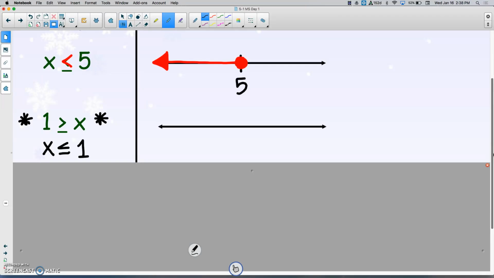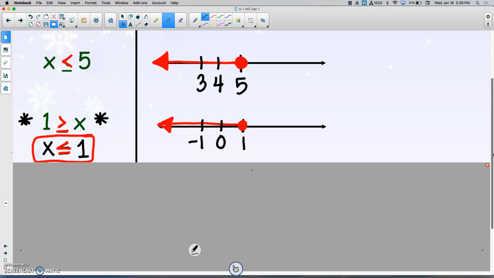So if this greater than or equal to points at the x, notice it still points at the x after I flip it. So x is less than or equal to 1 is what I'm going to graph. So for 1, I need a closed circle, and my new symbol is pointing to the left. On my 5, I forgot to put 2 more numbers. To the left of 5 is 4 and 3. To the left of 1 is 0 and negative 1.